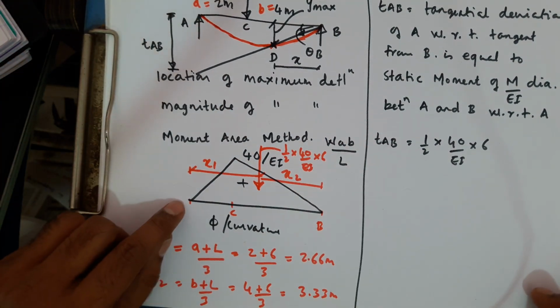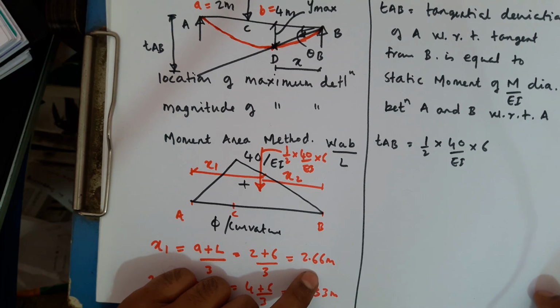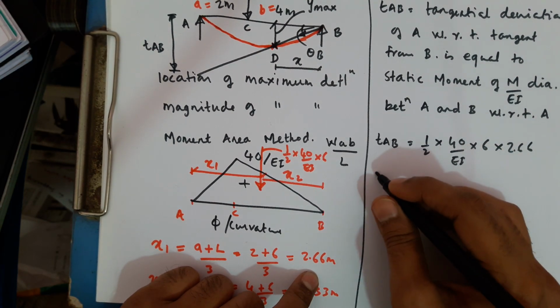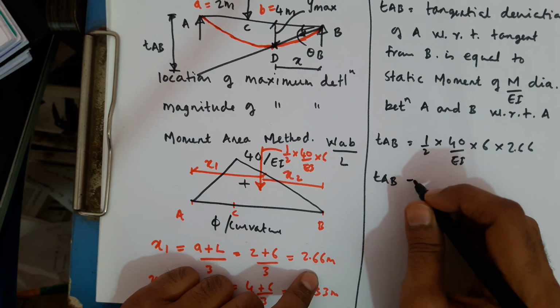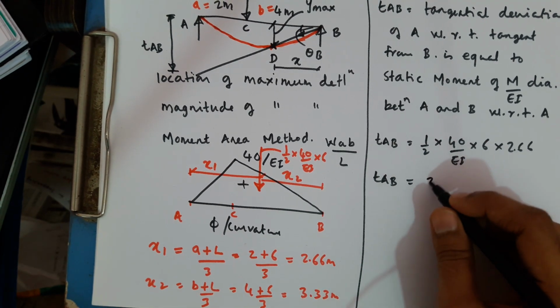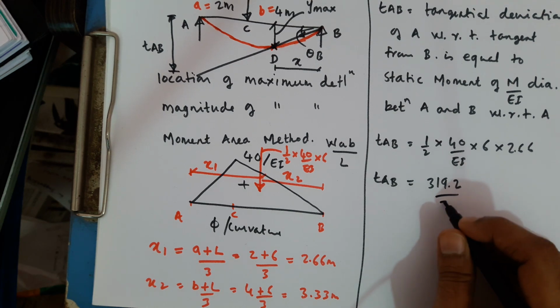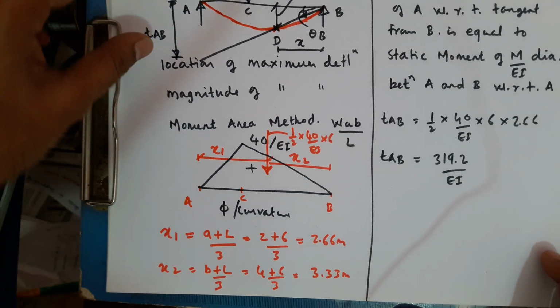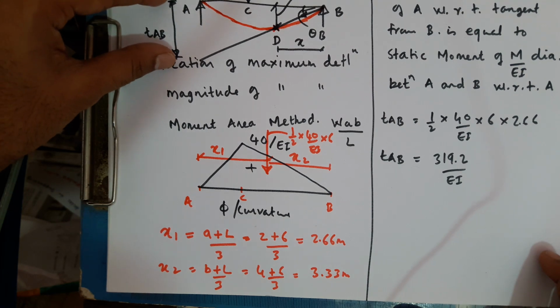The perpendicular distance with respect to point A we have calculated, which is 2.66. So TAB is equal to 319.2 by EI. Okay, so now you have calculated this TAB.